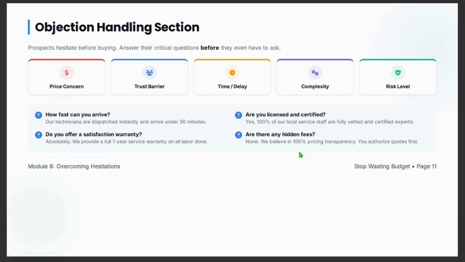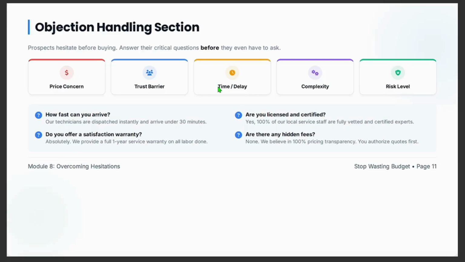Before a customer buys, they have questions in their mind. Think about it yourself. Price, trust, time, complexity, risks. If you don't answer these questions, the user will leave.